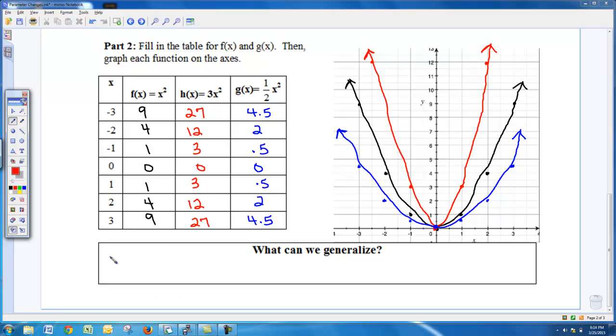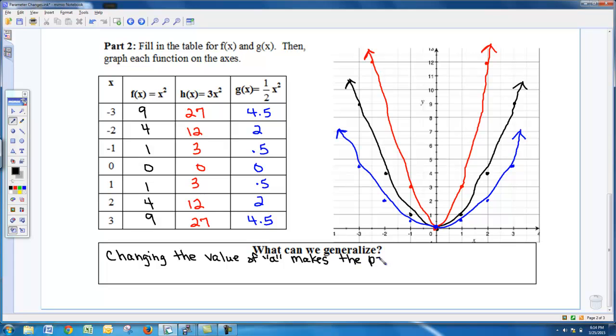We can say that changing the value of A, and that's the variable A, makes the parabola narrower.